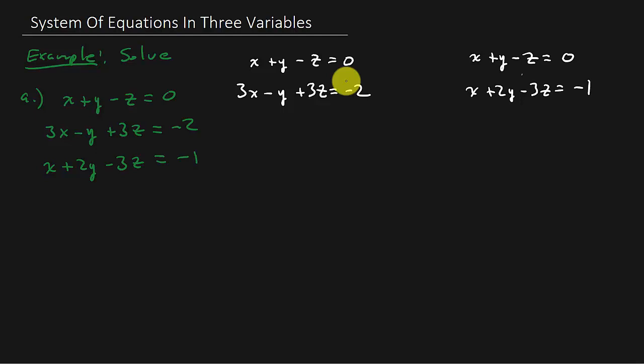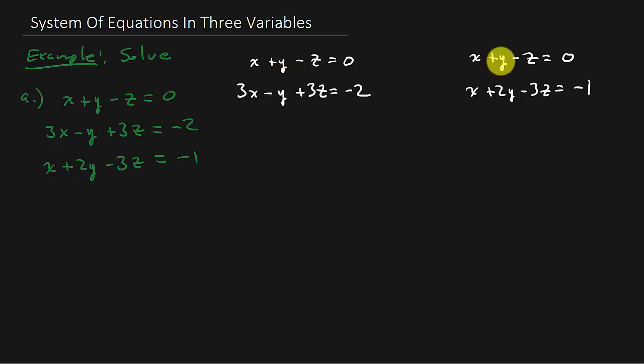So what variable do we want to eliminate? Hopefully you can see that we're going to eliminate y. Why? To eliminate y here, all we have to do is add; we don't have to multiply by anything, so the y's go out.